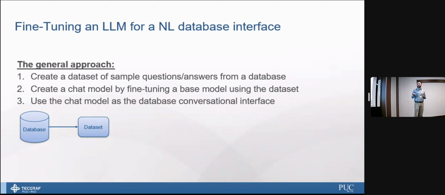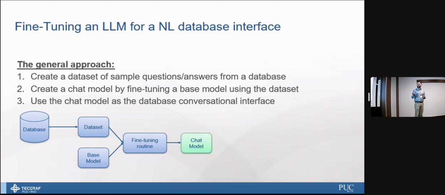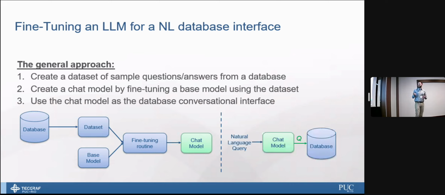Once we have this data set, we need to choose a model, which can be any of those I just mentioned. And then we fine-tune it over this data, and then we create a new chat model. Once we have this new chat model, we just need to feed the natural language query to it, and then the chat model will provide the SQL query to the database.